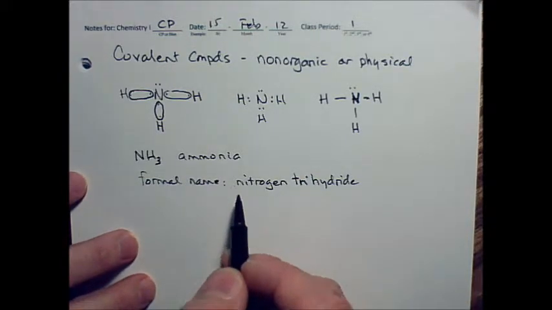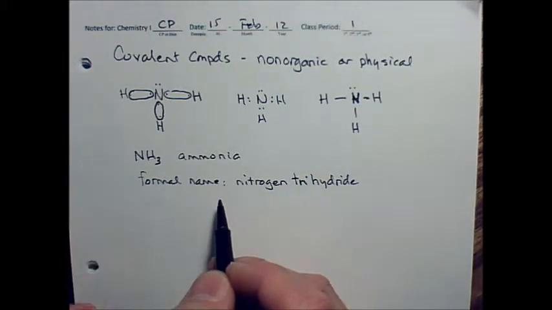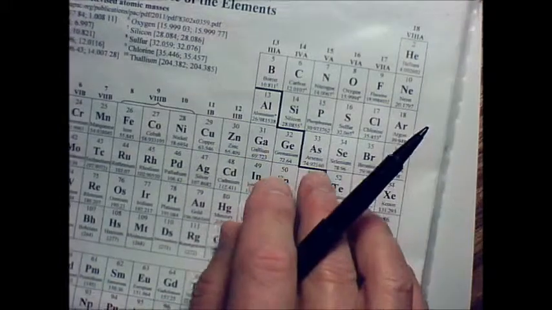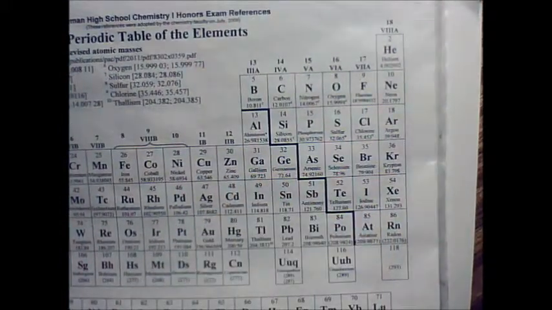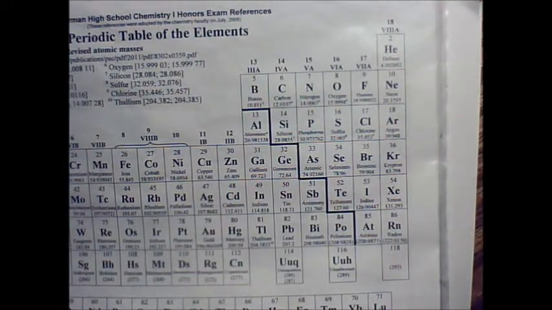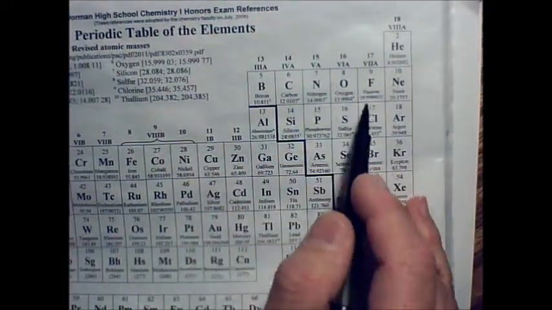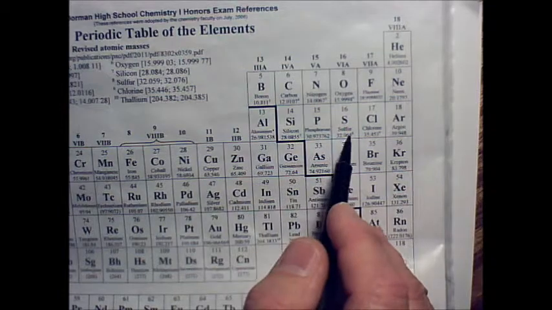So the prefixes, let's list the prefixes for you. These are the prefixes you're going to have to use when you're naming covalent compounds. But before we do that, let me remind you, you can usually tell it's a covalent compound, not every single time, but usually, if it's a combination of nonmetals.